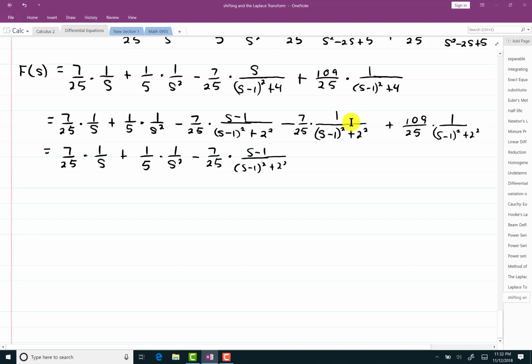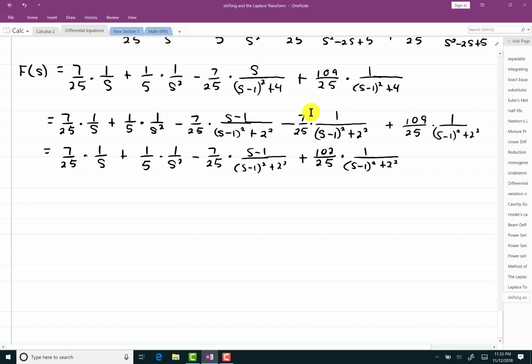And then here, these are quite compatible. They have the same denominator and everything. 109 minus 7 will be 102, so I'll have plus 102 over 25 times 1 over s minus 1 squared plus 2 squared.